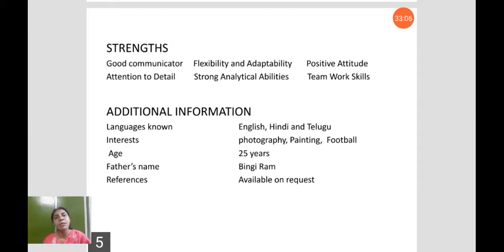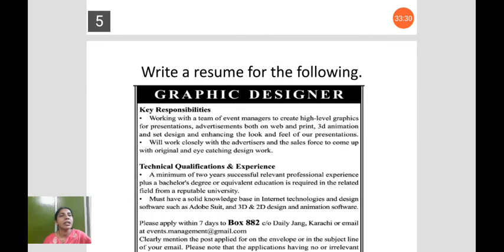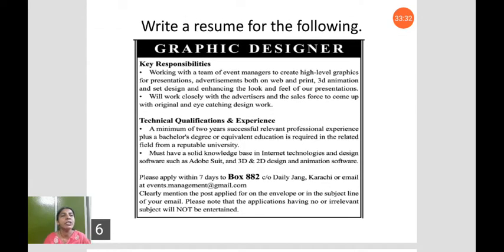So this is something about your resume. And the most important thing about the resume is avoid grammatical errors, spelling mistakes. You review once, twice, thrice for these things. See, here I have given another advertisement of a graphic designer here.